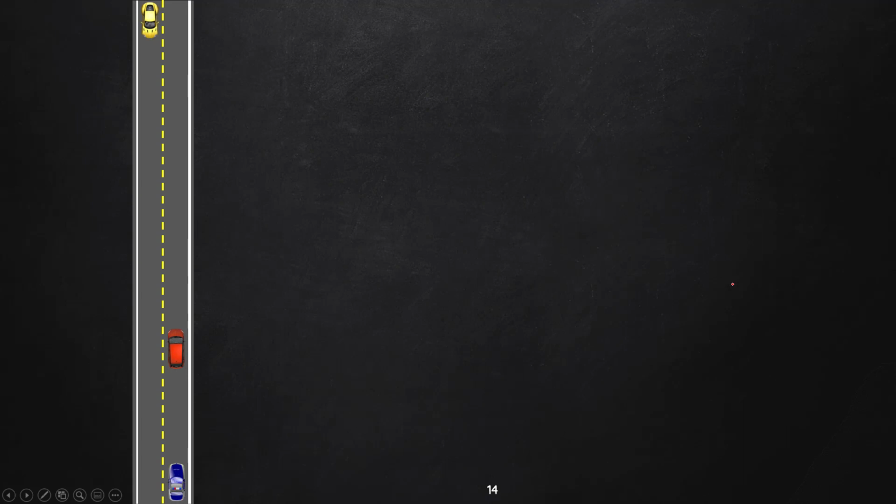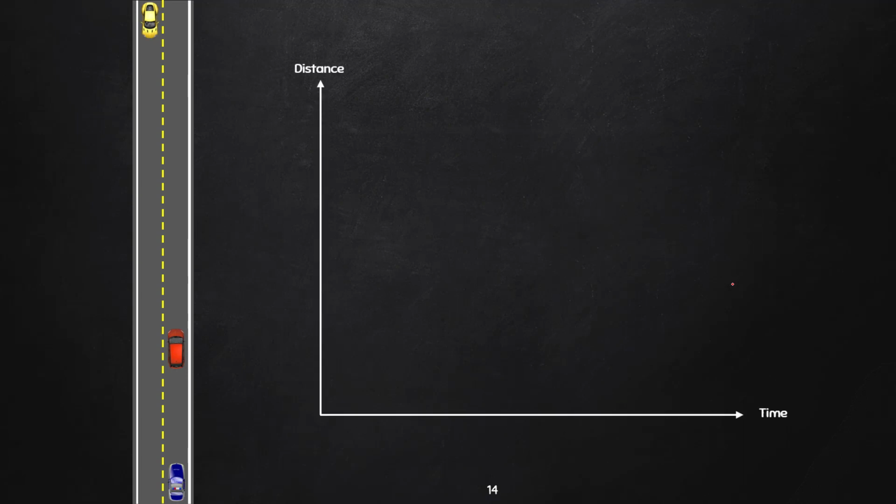Okay, now let us consider this scenario. What if they are traveling in a single highway? If you will notice, these two are traveling at 18 kph and the police car is traveling at 36 kph.